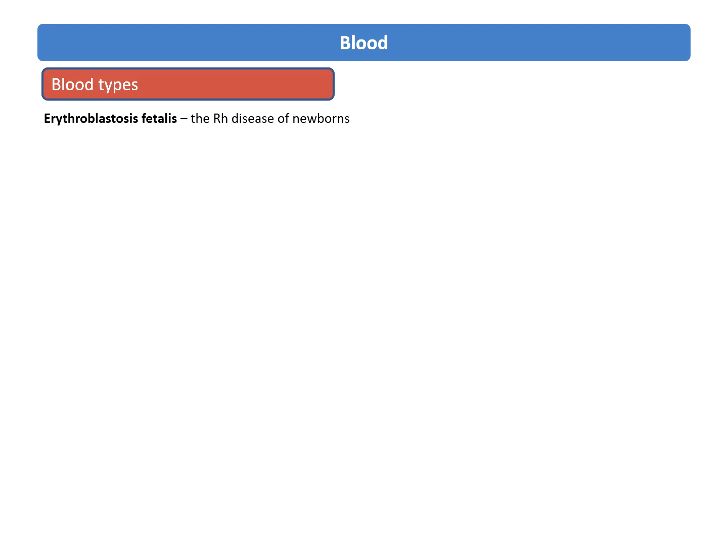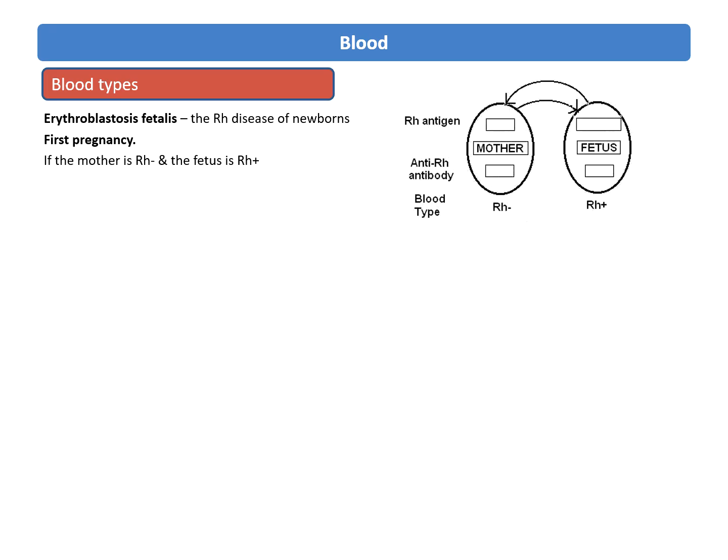There's a disease called erythroblastosis fetalis. This is the Rh disease of newborns. In the first pregnancy, if the mother is Rh negative and the fetus is Rh positive, which antigens and antibodies are present in the mother and the fetus? Well, if the mother is negative, she would lack the Rh antigen.